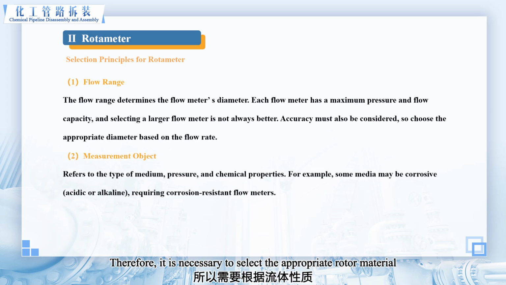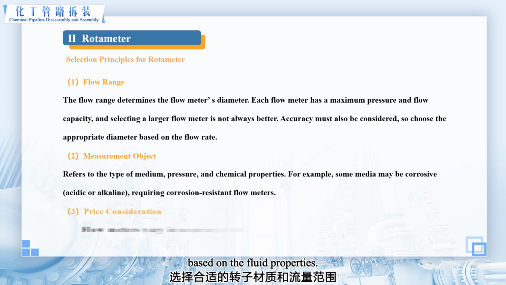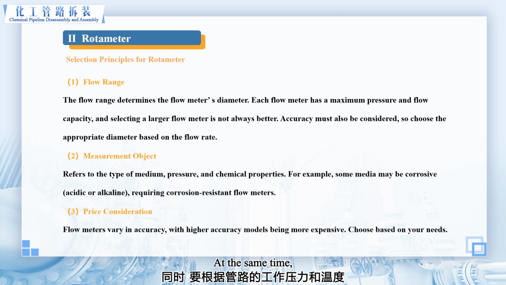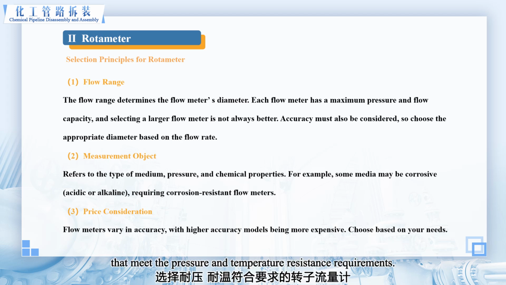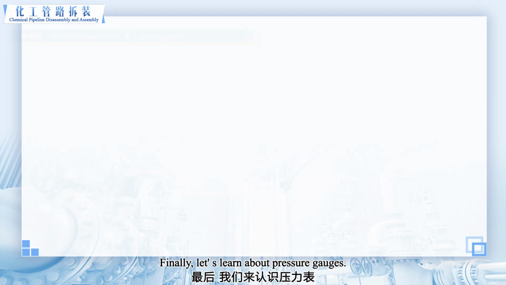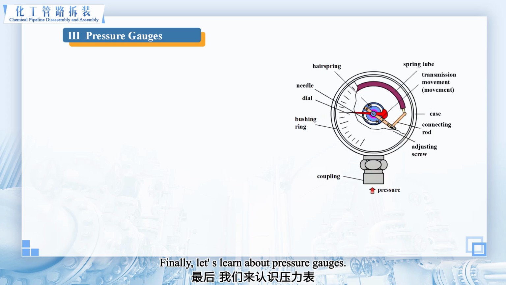Therefore, it is necessary to select the appropriate rotor material and flow rate range based on the fluid properties. At the same time, based on the working pressure and temperature of the pipeline, select rotameters that meet the pressure and temperature resistance requirements. Finally, let's learn about pressure gauges.